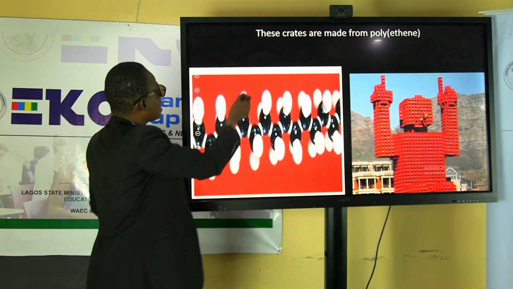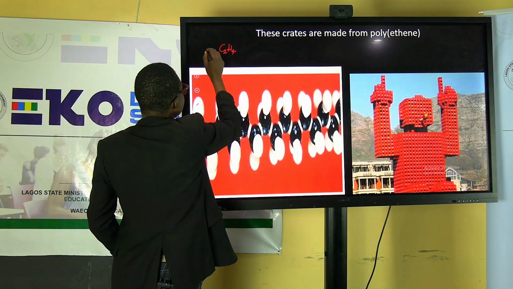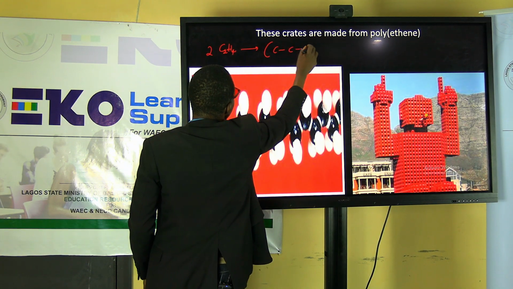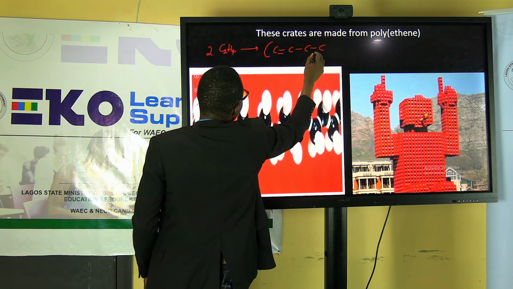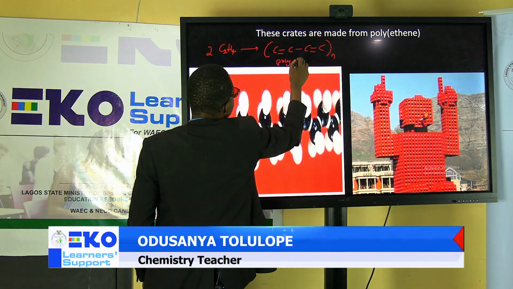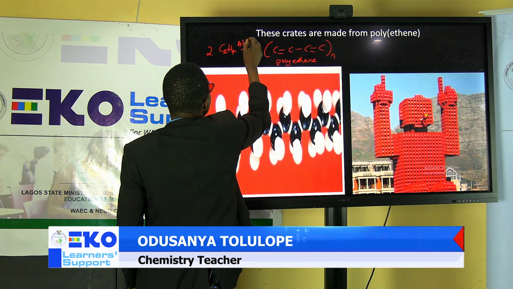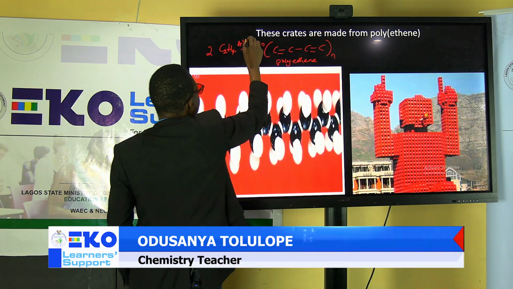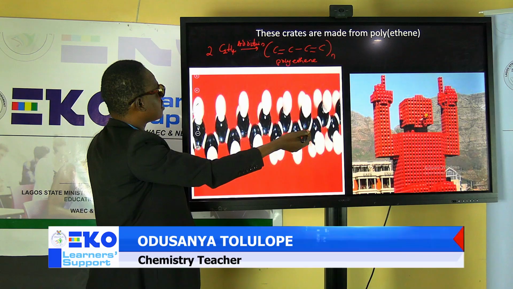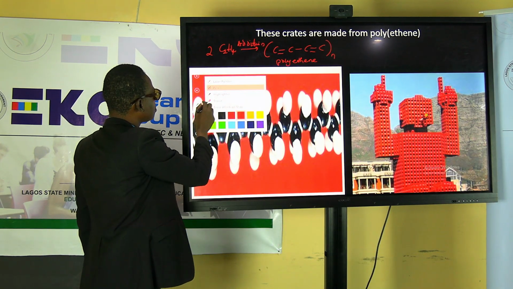The reaction is you have C2H4, at least 2 molecules, with the double bond, forming polyethene. This reaction is called addition polymerization, and these are the products obtained. Look at it. These crates are made from polythene. Good.